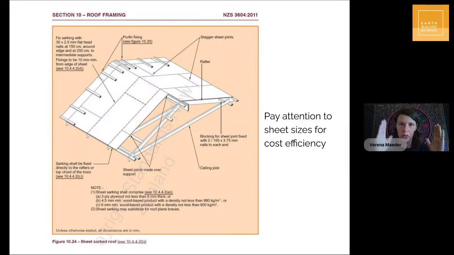So the sheets are 1200, 1.2 meters wide. So if I'm working with sheets, I like to have the rafters every 0.6 meters, so 600, so that a sheet covers two spans of rafters, because then the fixing aligns and everything works out well.